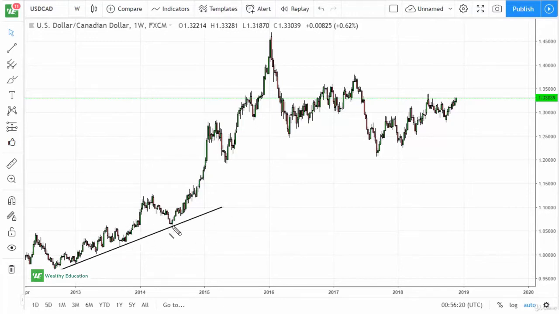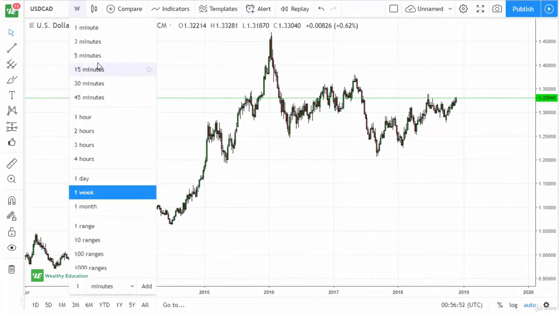Even with this pullback, we've held the trend line. We didn't break down through all of this previous noise here that had been resisting gains. So that's a correction. It's not a downtrend. This is a little bit more of a downtrend because it was much stronger. There is a little bit of a judgment with this, and that's part of what makes defining the trend a little tricky for some traders.